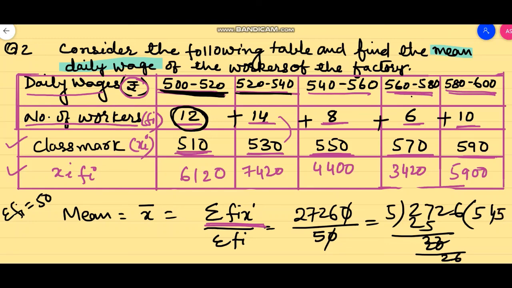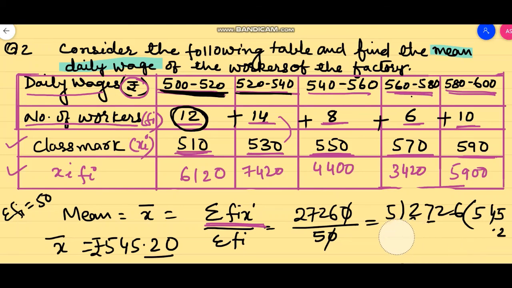So 5 5s are 25. Then 10, so 0.2. You are getting 545.2. So your mean value is 545.20. So rupees 545.20 is the mean of daily wages earned by the workers.